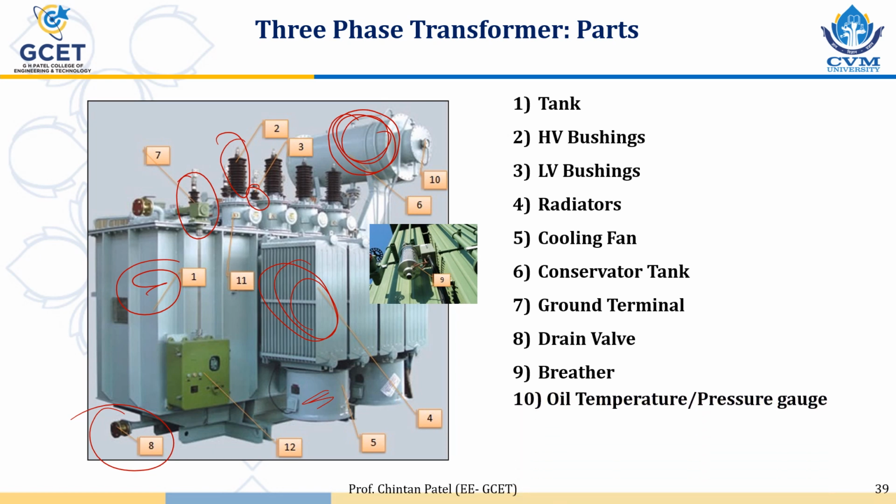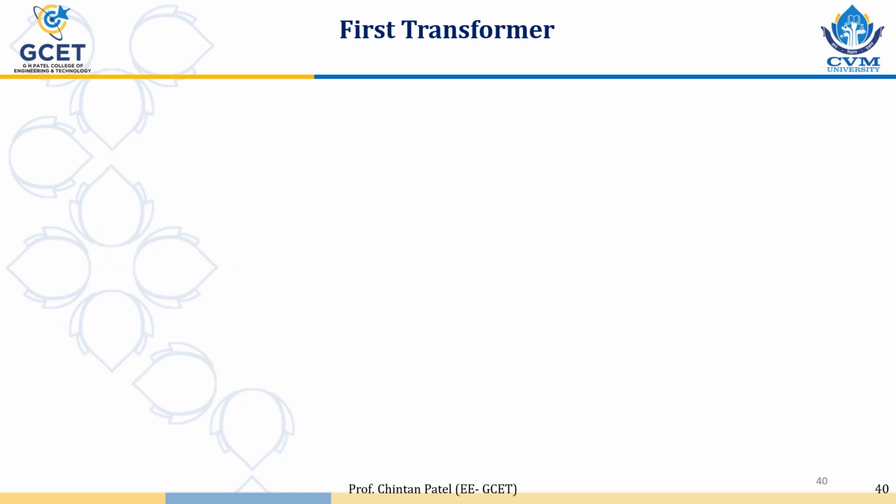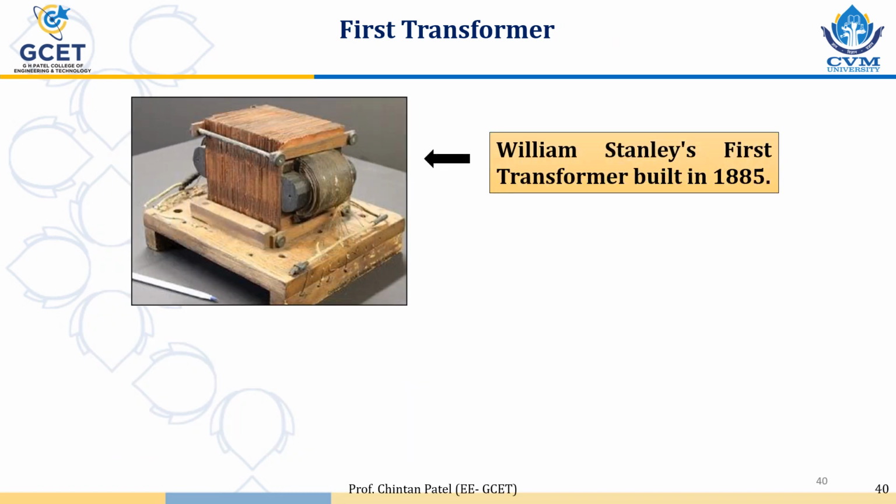And 10 is the oil temperature or pressure gauge, which will measure and display oil temperature and pressure inside the transformer tank. 11 is the current transformer bushing to measure the current, and 12 is the control panel. These are the different components of the transformer.